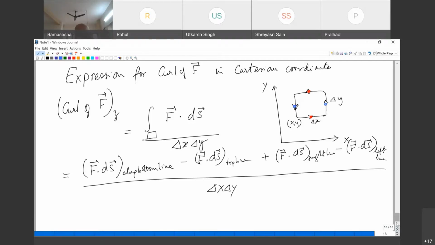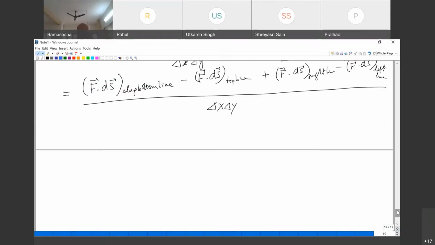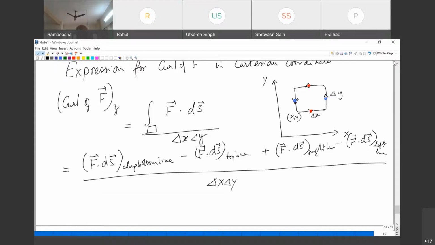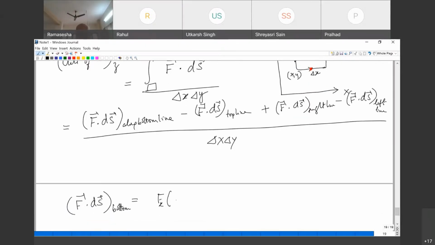So the first term, F dot ds on the bottom line, is equal to the value at the midpoint, and I have to take the x component, Fx at x plus delta x by 2, y, z.